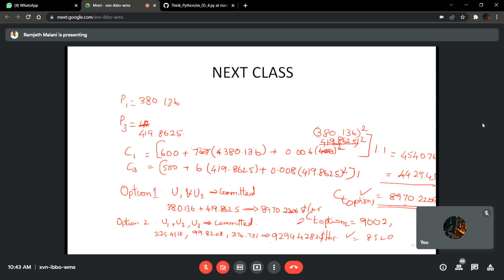So this operating cost, we can say that this is the least operating cost. So this is the optimal unit commitment for that particular hour that we solved using the priority list method.